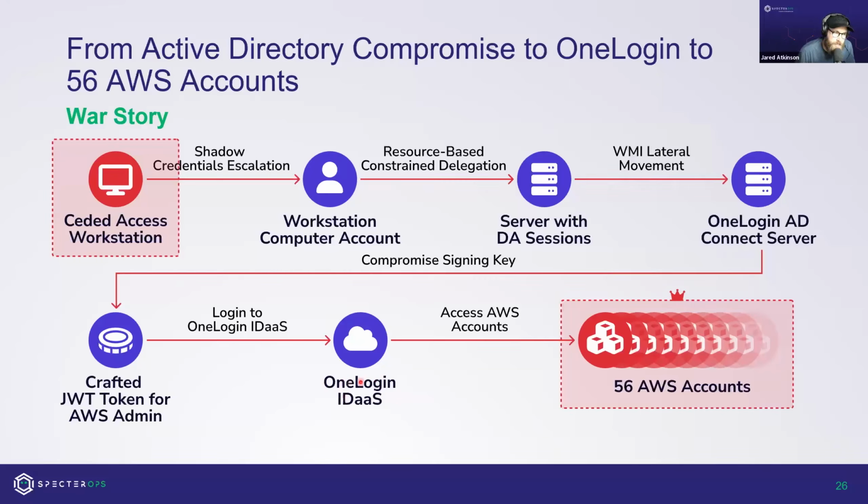So if I have control of the OneLogin tenant, then I have control of your AWS tenant because of that security dependency. Similarly, because the AD Connect server lives in AD, there's a security dependency from Active Directory to OneLogin. That means that if I have control of your Active Directory domain, I have control of your OneLogin tenant, which then means that I have control over your AWS tenant.